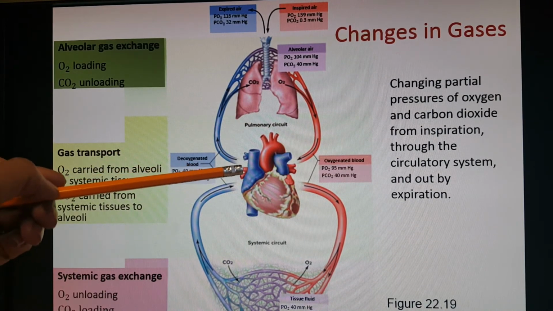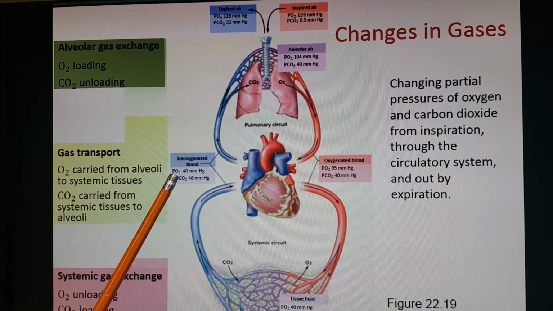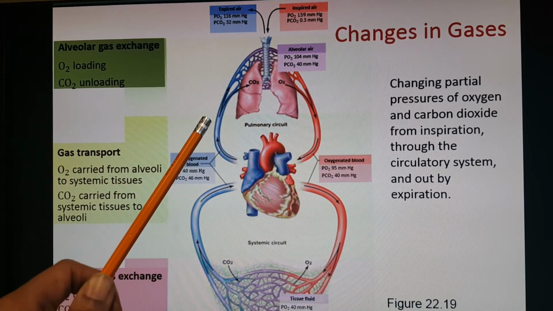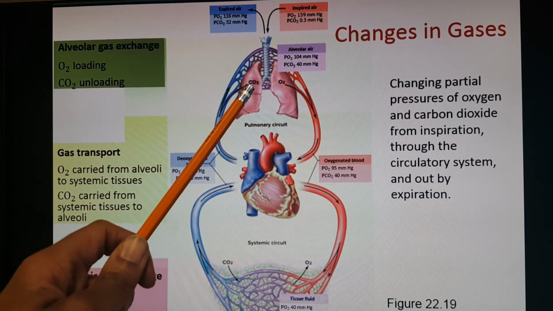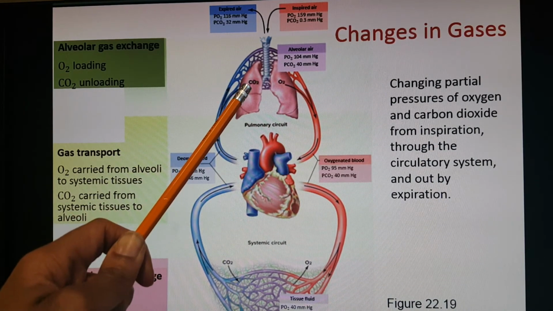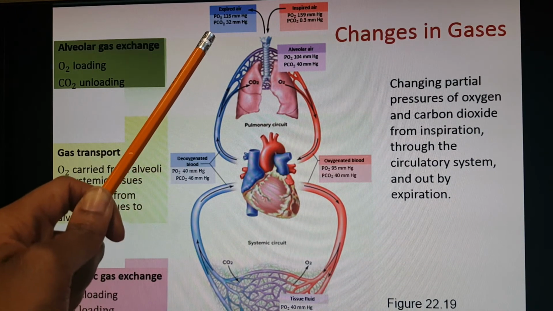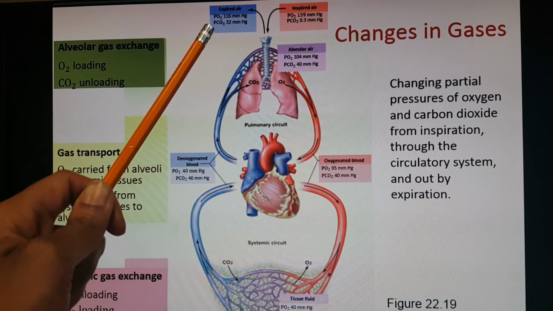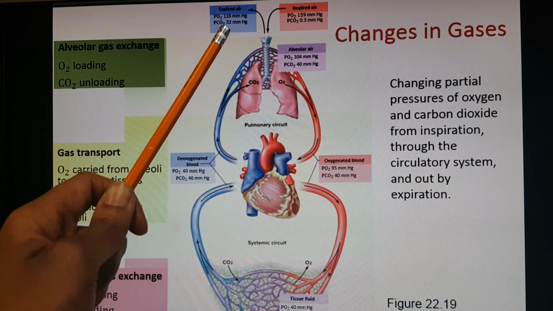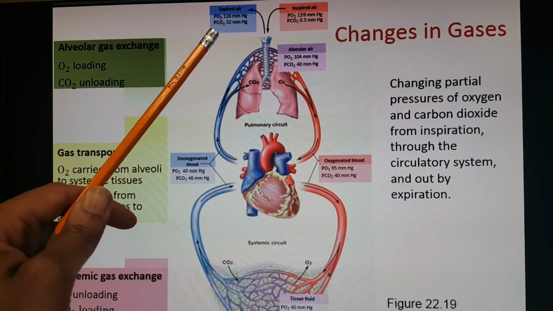But when you go back to your lungs, here we have our deoxygenated blood, which has a partial pressure of about 40 millimeters of mercury. But by the time that deoxygenated blood goes back into the alveoli and mixes with the air that has been breathed in, its oxygen pressure has greatly increased, so now we're up to 116 millimeters of mercury.